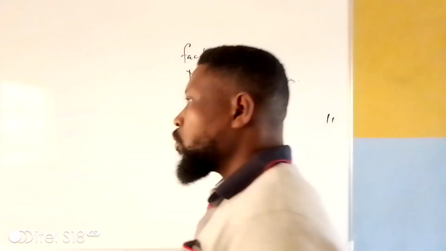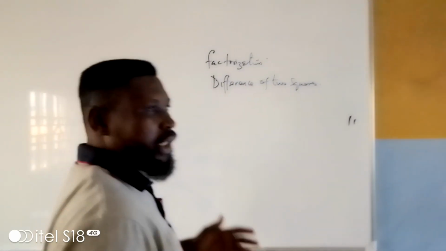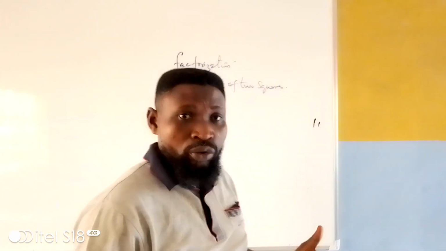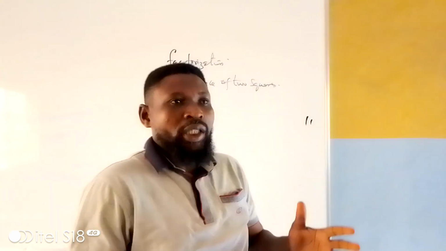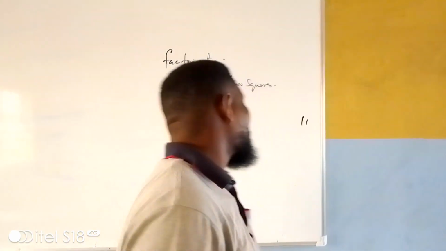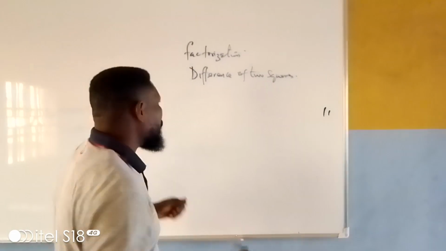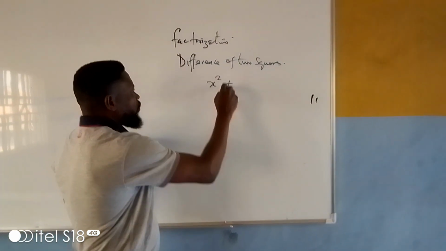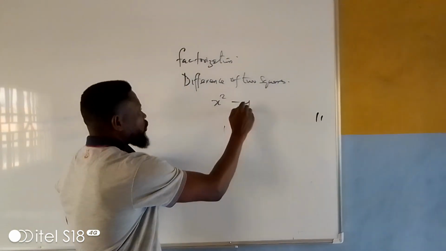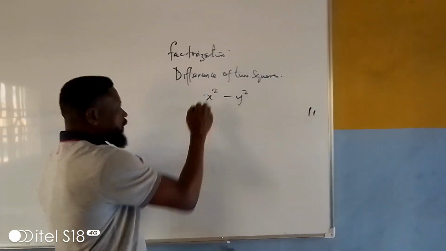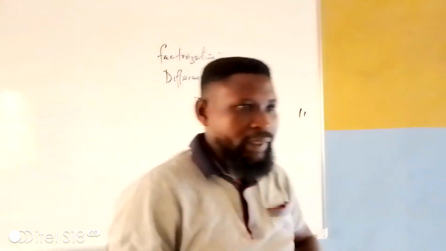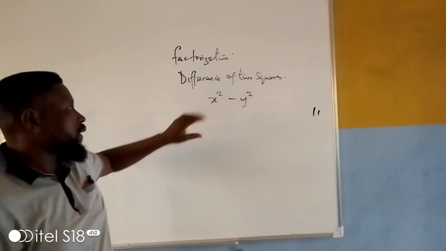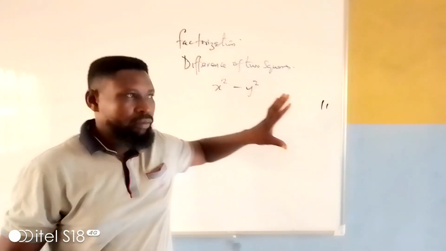Now, how do you know if a particular expression is in difference of two squares? Okay, take for example, if I have x squared minus y squared, this expression is said to be in difference of two squares. That's x squared minus y squared.